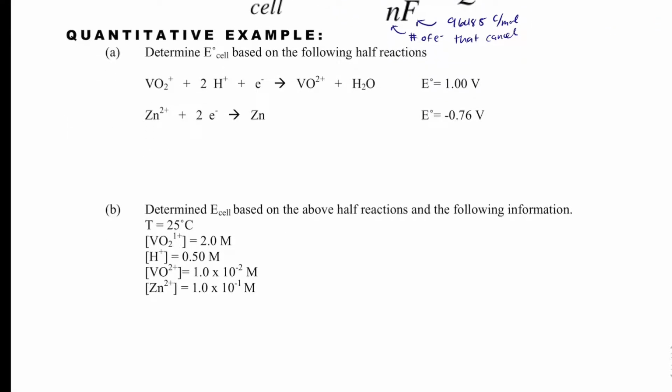Okay, so let's get our voltage here, and we're going to assume that it is a galvanic cell. So what I need to do is say E cell is equal to the cathode minus the anode. And there's only one way to arrange these numbers so that we get a positive voltage.